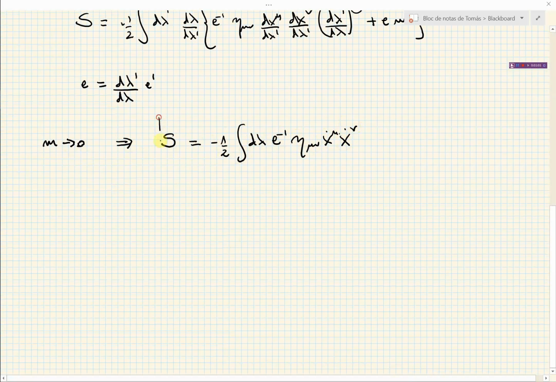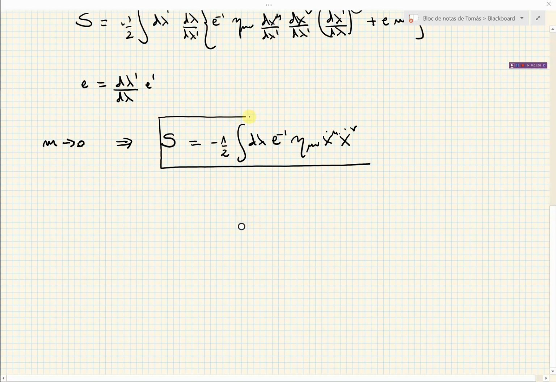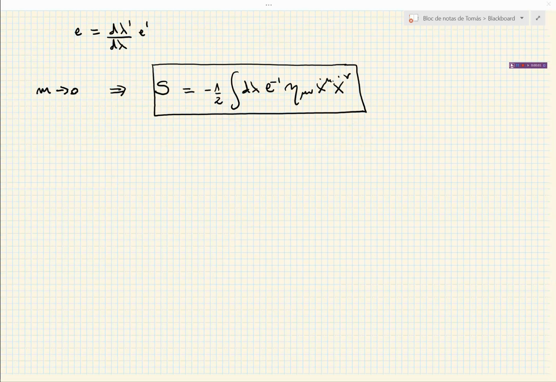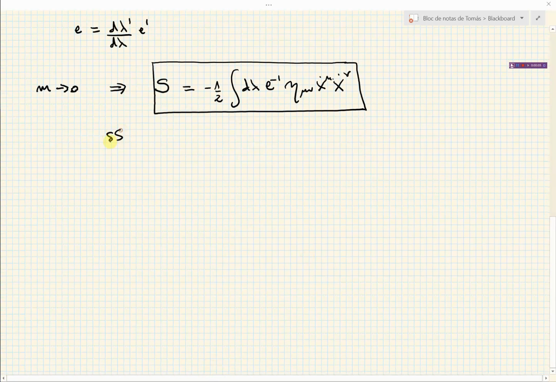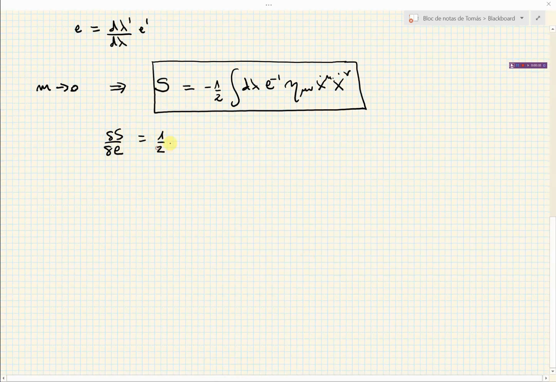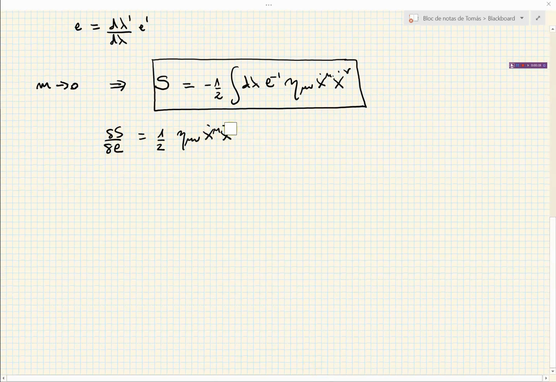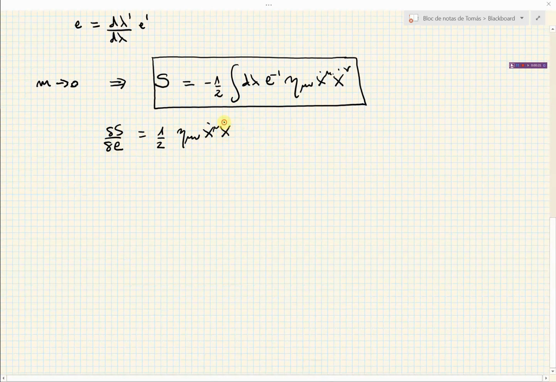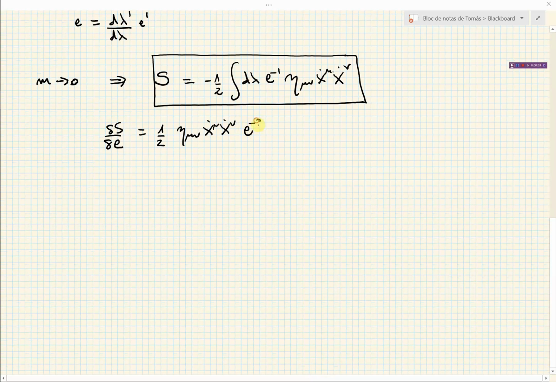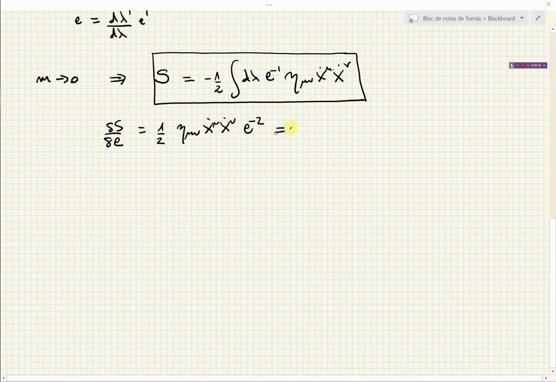And if we compute now the equations of motion, the equation of motion for e to start with will give us a half of η_μν ẋ^μ ẋ^ν e^(-2) equal to 0.